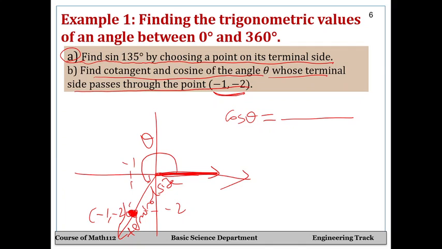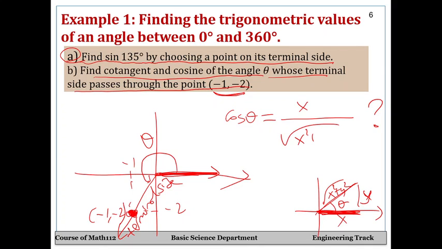What's the formula for it? I'm taking the formula from the first quadrant. This is x, this is y, this is the square root of x squared plus y squared. So cosine theta is the adjacent side divided by the hypotenuse, x over the square root of x squared plus y squared.